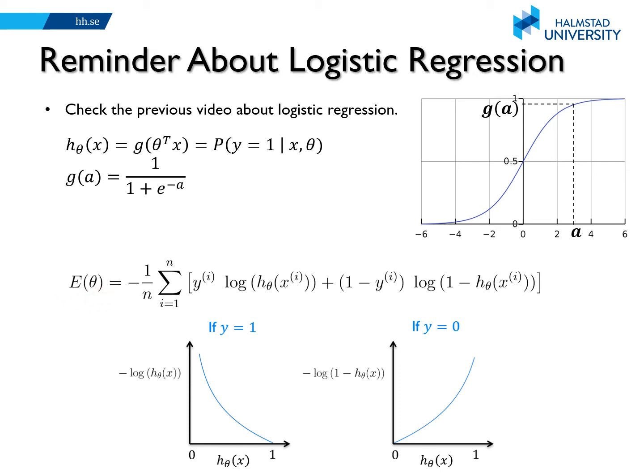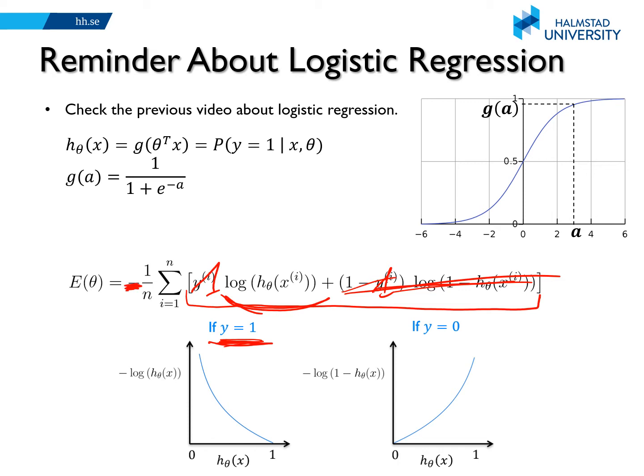And just as a reminder, if y is equal to 1, the true output is equal to 1, then we have 1 here and we have 1 here, so this is 0. We don't have this term. So in this case, this part here is just minus log h of x, because we have a minus here.